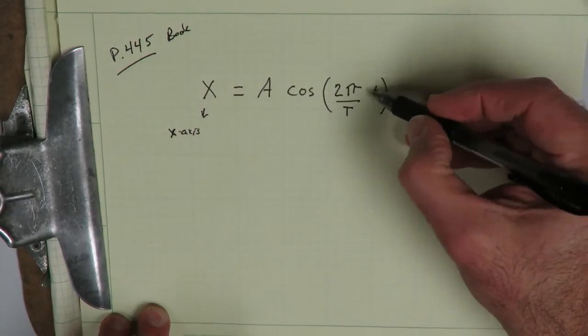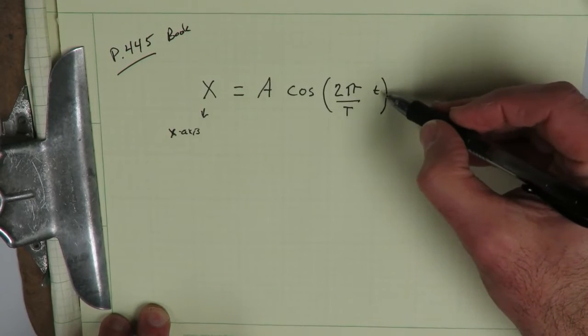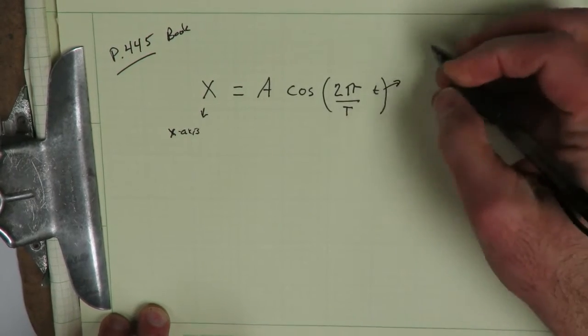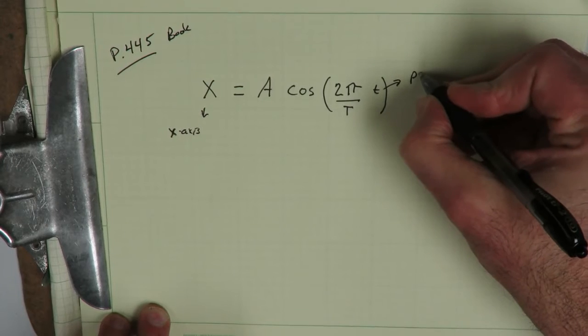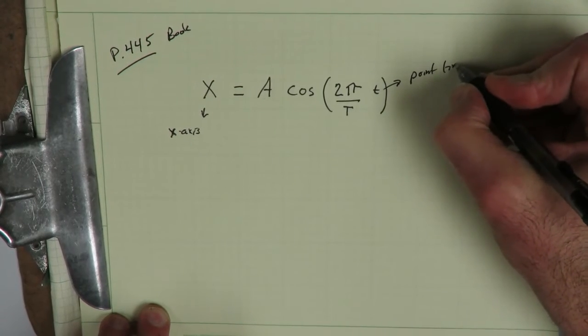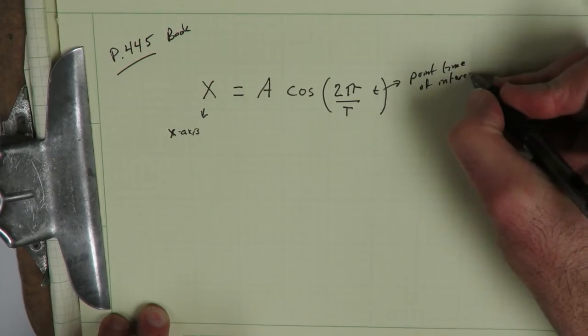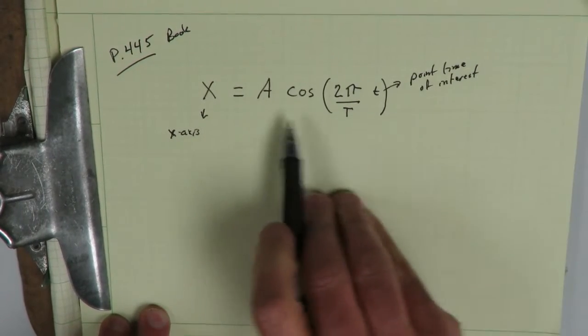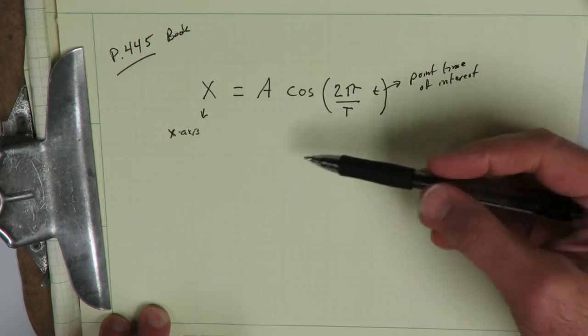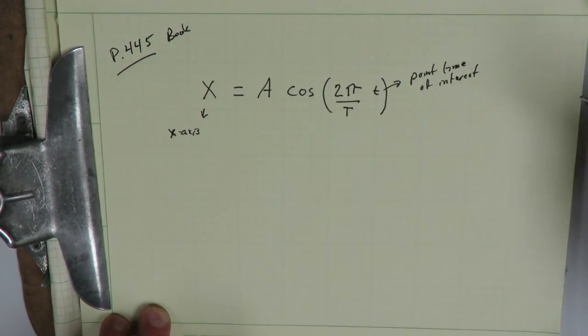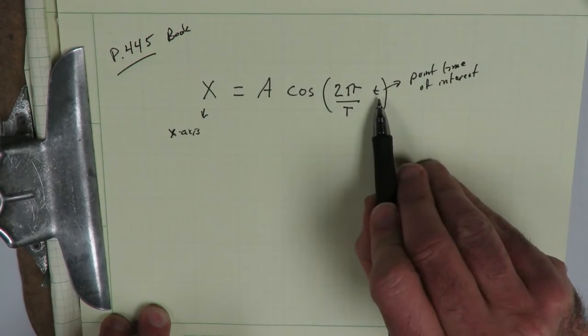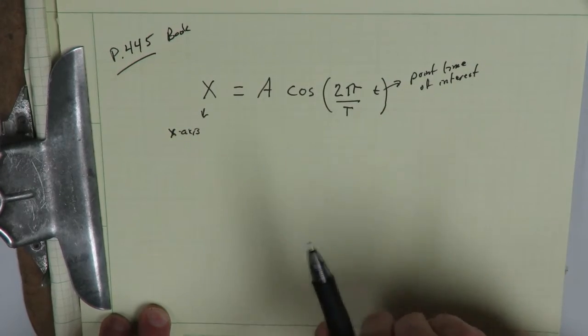So small t is the particular point in time of interest. So what this means is you can use this equation to figure out where in this up and down cycle the object is at any given point in time.